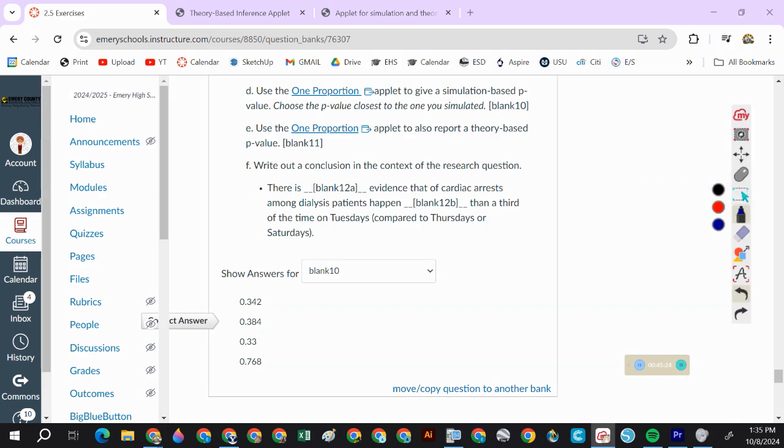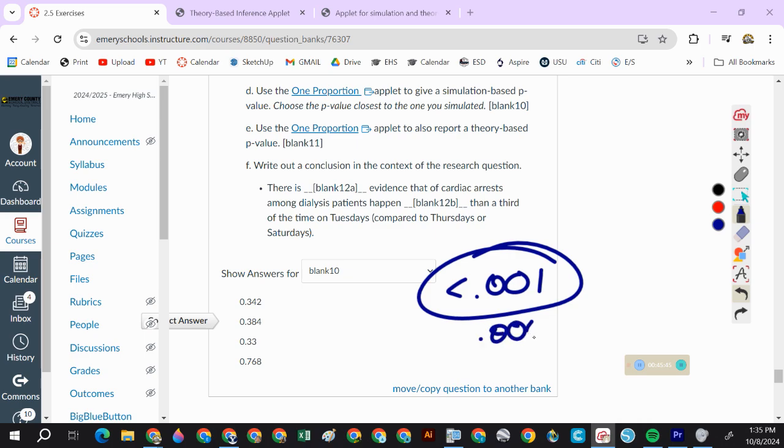And then did you get the same thing for 11? Something like that? Okay, I don't know why it's showing the wrong answers to me.